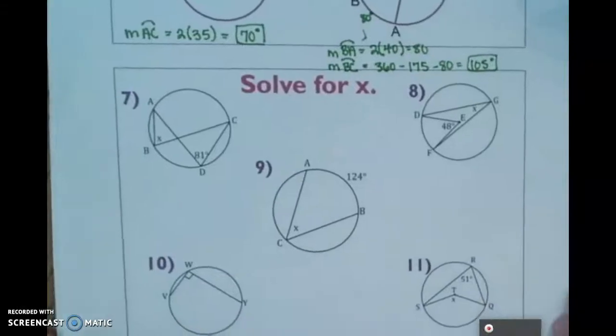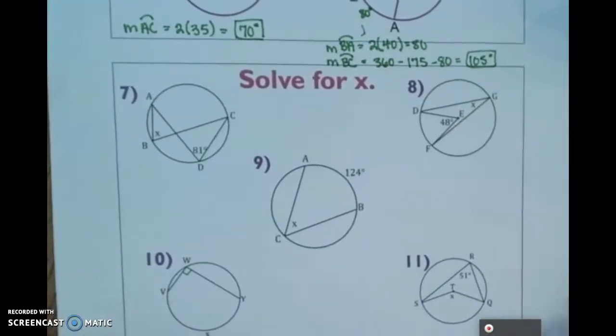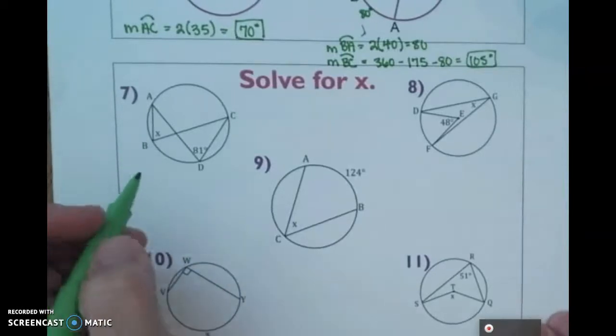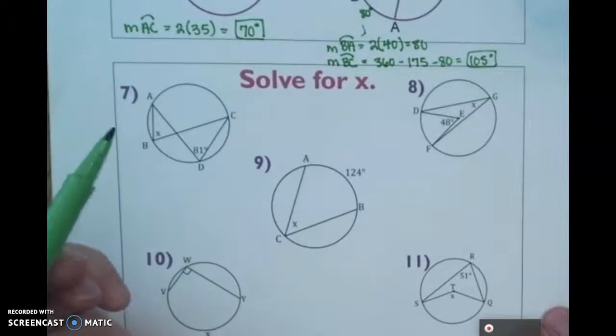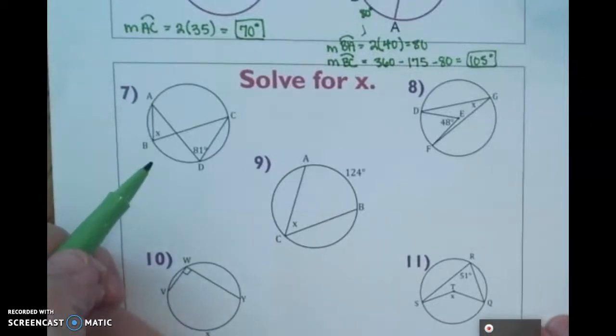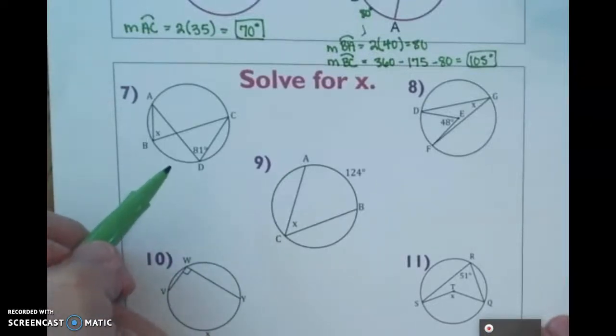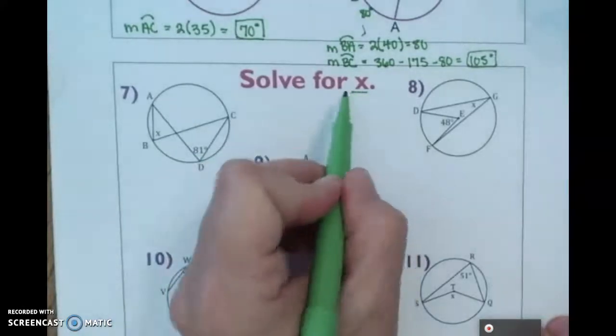Alright, so the next set of problems is just all different types of situations with inscribed angles, and we'll learn some different things about the circles and the angles. So the 2 questions you're asking yourself, is this inscribed or is this central? So it says solve for x.